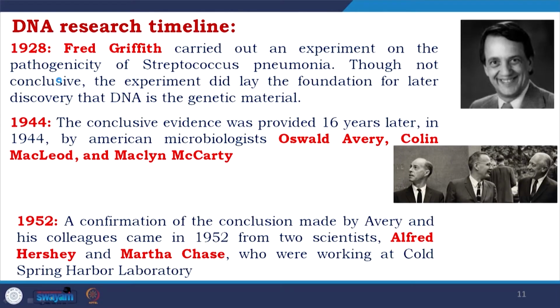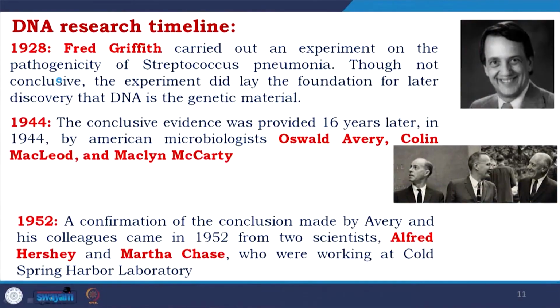Again in 1952, a more biochemistry-oriented confirmation came from the famous Hershey-Chase experiment, where they used labeling of protein and DNA using sulfur and phosphorus and confirmed that this is the genetic material, this is DNA.